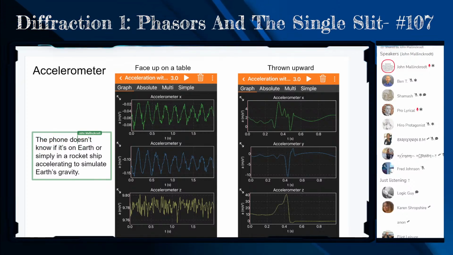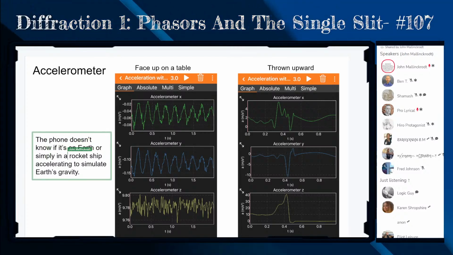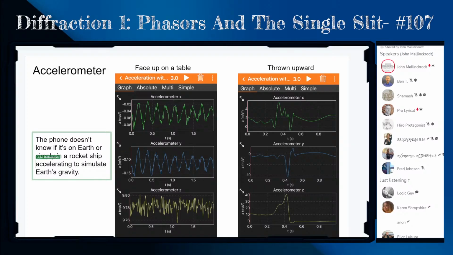It doesn't need, unlike velocity, which always needs to be referred to something else that's considered to be at rest. All you can do is measure your velocity relative to something that you may or may not want to consider to be at rest. Whereas acceleration, you don't need that. The accelerometer is a completely self-contained device which tells you directly the absolute acceleration of the object that it's attached to.